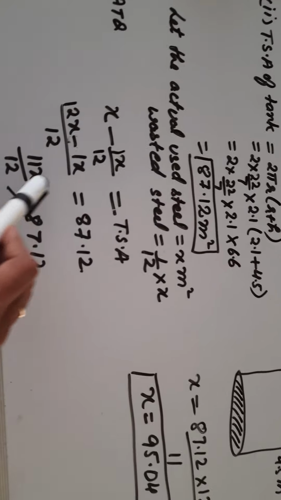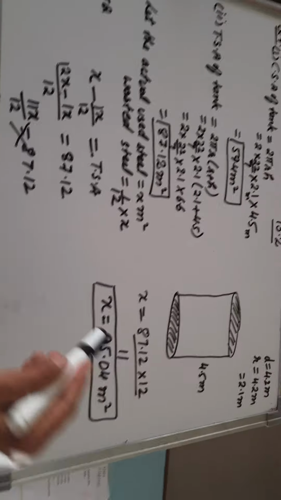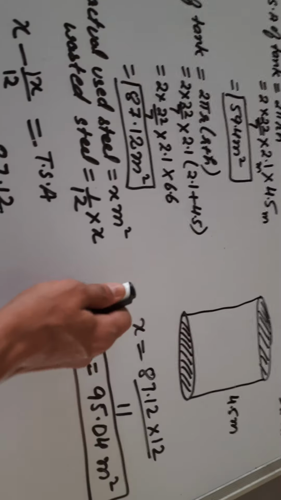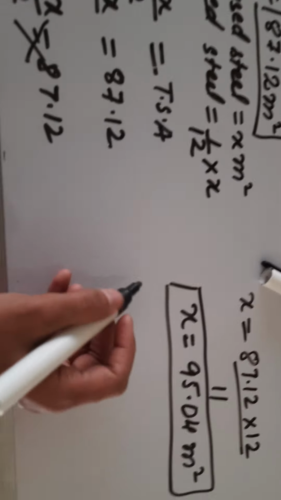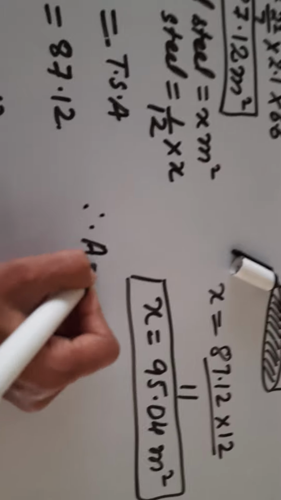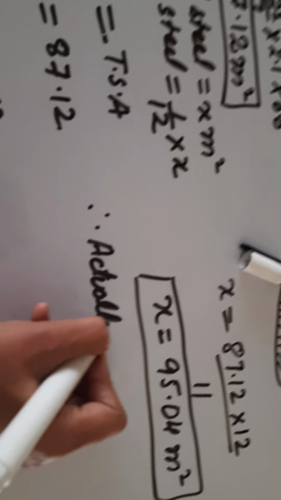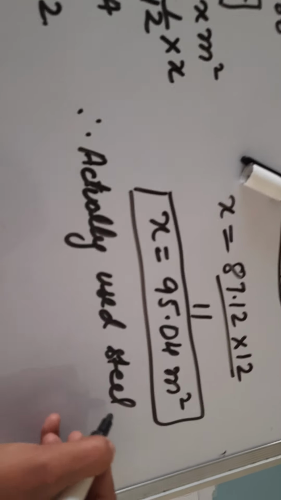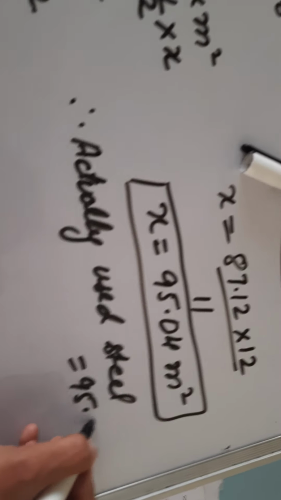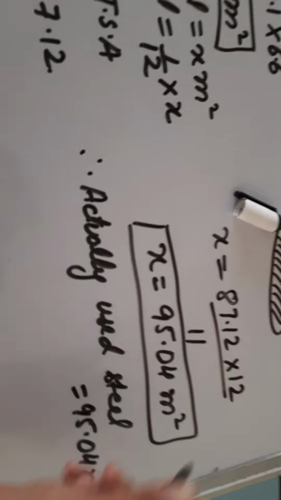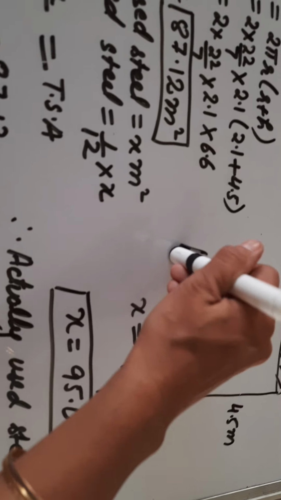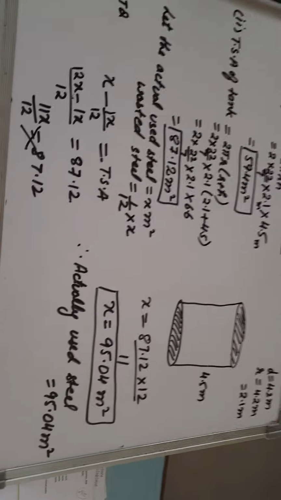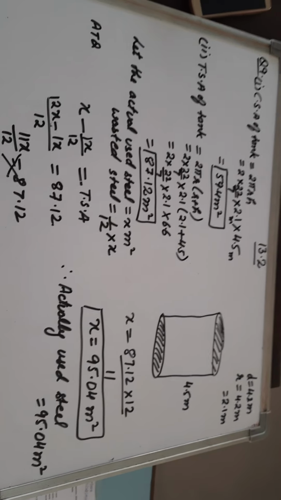So we have subtracted it, and by solving it you'll get the steel actually used. And do not forget to write the answer. Therefore, actually used steel is equal to 95.04 meters square. This is the steel which has been purchased from the market. Understood?